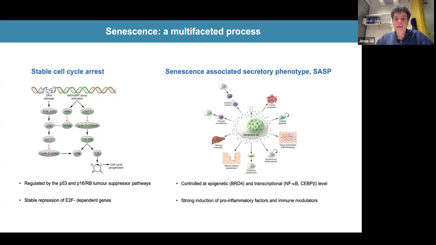And at the mechanistic level, this is controlled epigenetically by, for example, remodeling of super enhancers by BRD4, and transcriptionally by NF-kappa B and CBP. And as a result, there is a strong induction of pro-inflammatory factors and immune modulators. So altogether, the different aspects of senescence come into play, having different effects in disease and in normal physiology.